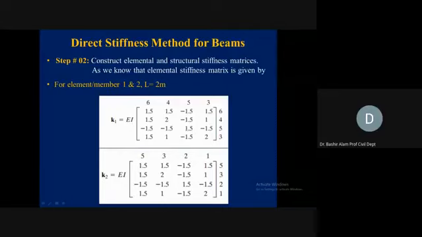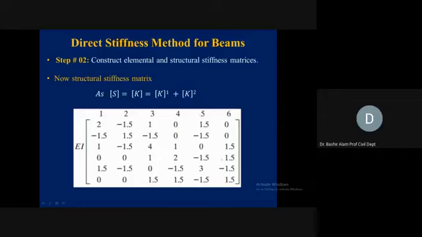5, 5, if you see here, we are now calculating the 5, 5 of the structural stiffness matrix. So here 5, 5 is 1.5, and here 5, 5 is 1.5. So it should be 3. So let's see. Where is 5, 5?